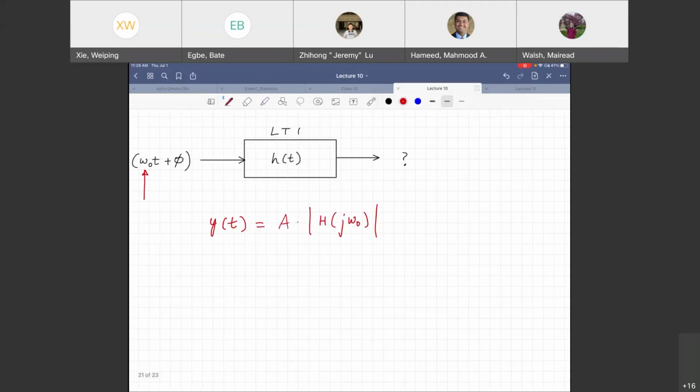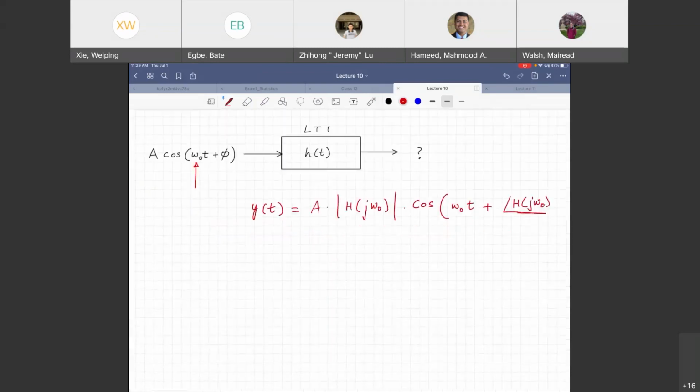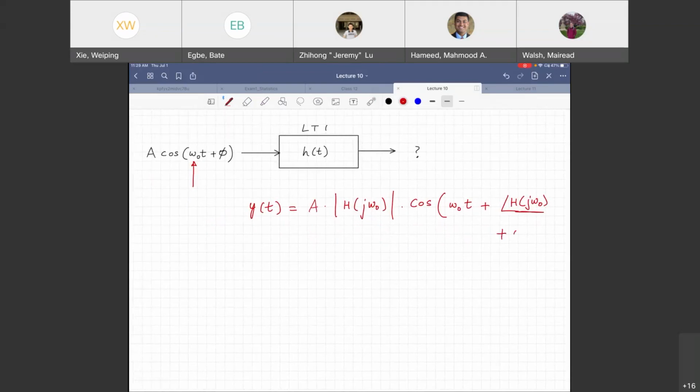Next, what do you have? Cosine omega naught t. That's just from the input signal, input cosine. Plus, what do you have? Phase of H of j omega naught. What else are we missing? Plus what? Phi. Isn't that fun?